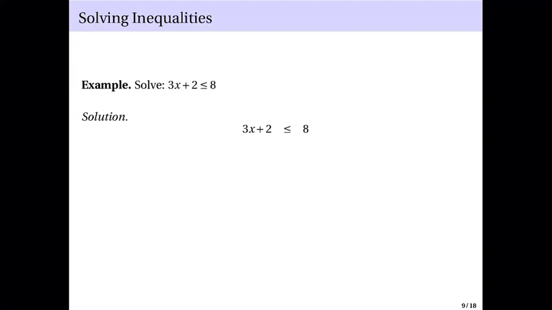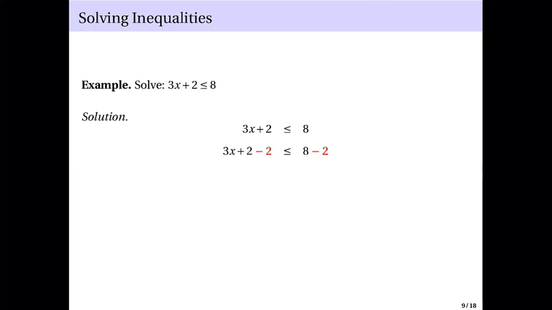So our very first step here, we add negative 2 on both sides of the inequality. I added negative 2 on the left-hand side, and I also added negative 2 on the right-hand side. And notice, the inequality is retained. So less than or equal is still less than or equal.